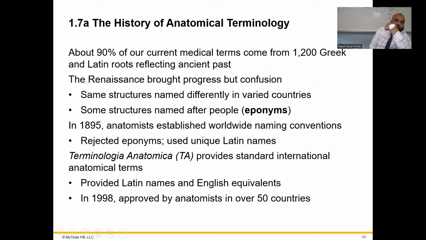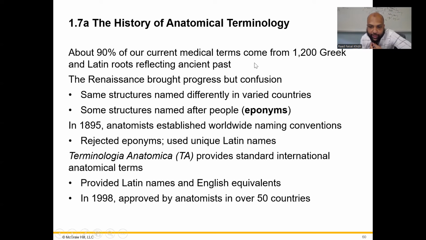Okay, so now the rest is just something that's very simple. This is telling you that the history of anatomical terminology, about 90% of our current medical terms come from Latin, Greek roots. Some structures are named after people.